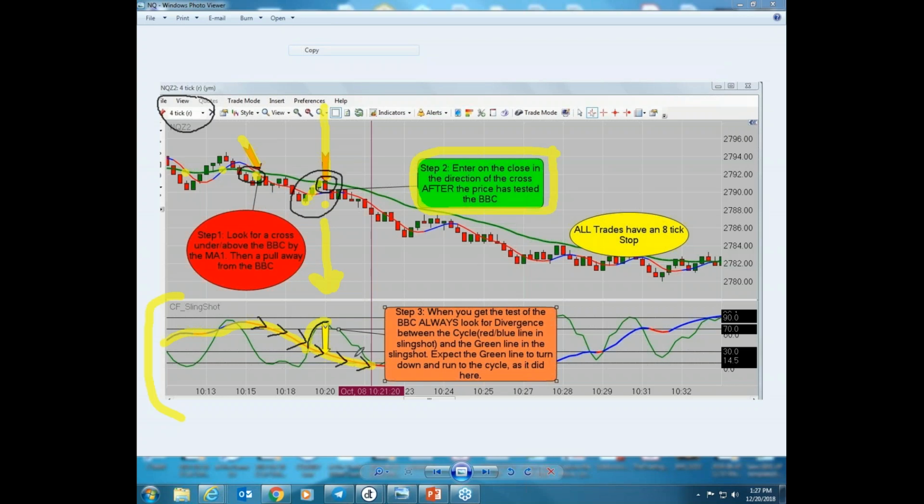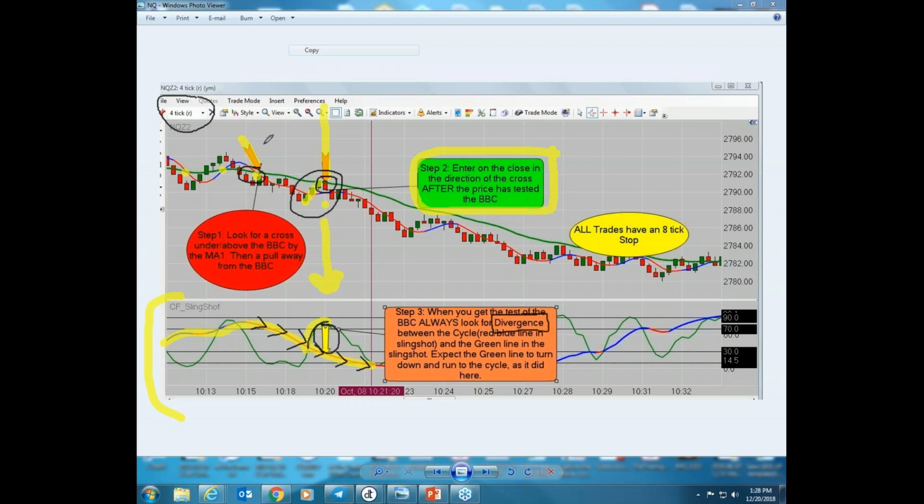So combined, this separation of the green line, which we refer to as the divergence, Michael now calls it separation, together is step number 3. This is what you're looking for. In a bearish scenario, you're looking for the cycle to be red, as it is here, and the green line to be on top. The space in between is the divergence.